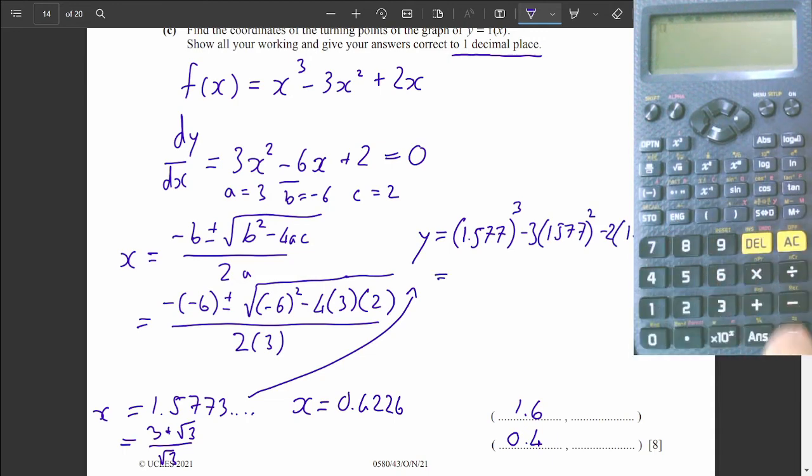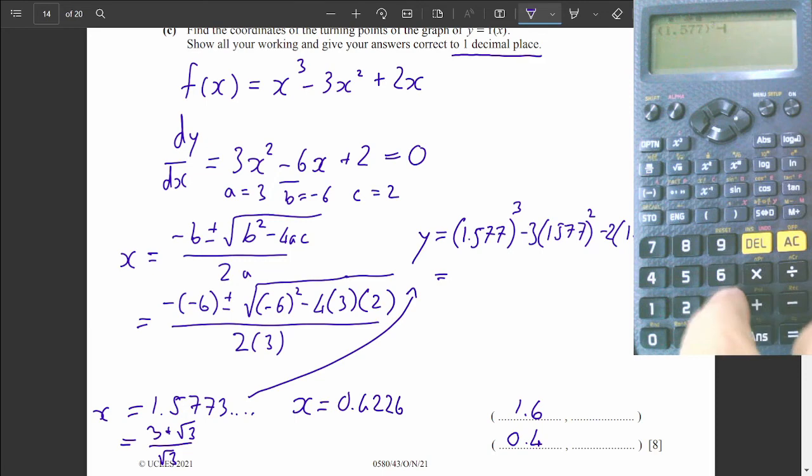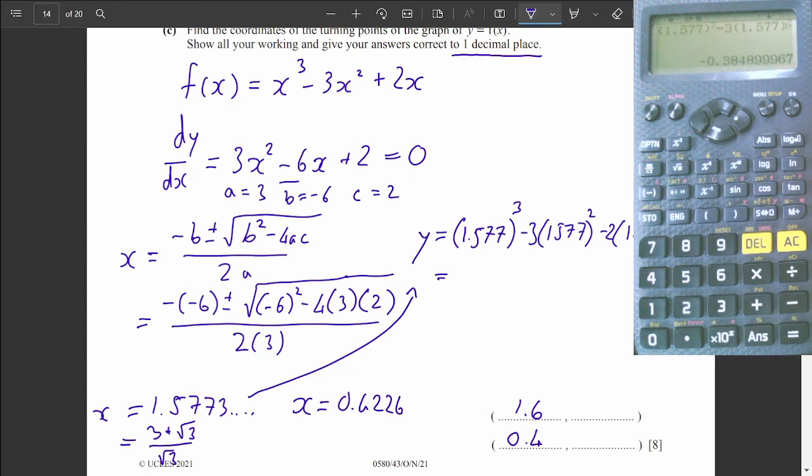So let's do that. 1.577 cubed minus 3 times 1.577 squared. You got it right, minus 0.384, etc. Rounded to 1 decimal place is minus 0.4. And then we do the other x value, y equals 0.4226 cubed minus 3 times 0.4226 squared minus 2 times 0.4226.